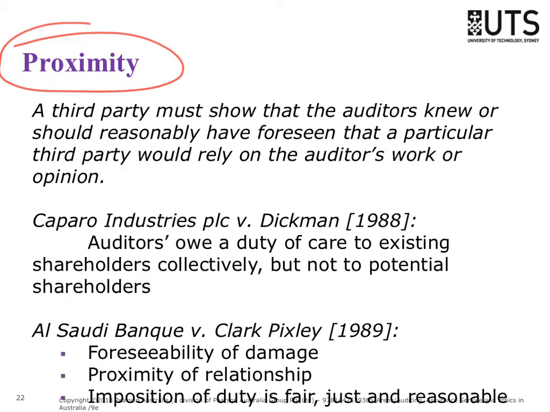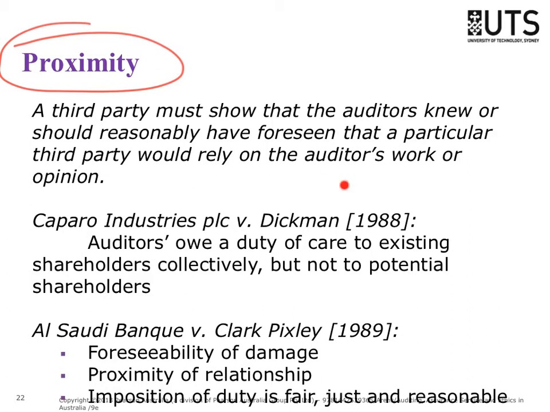And we know that that exists for shareholders because the shareholders are the ones who ultimately use our financial report. And our audit opinion actually says, dear shareholders, or to the shareholders of Woolworths Limited, to the shareholders of BHP Billiton Limited. So it's very, very clear that we are in a relationship with our shareholders.